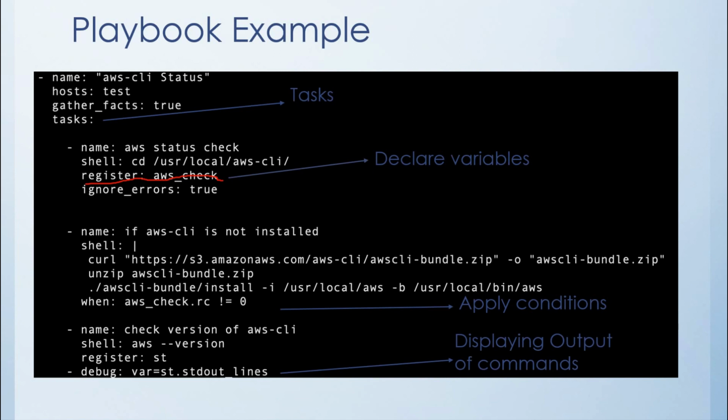After that, I will be checking the version in the third task, and I am going to register a variable st. What I am going to do is use a debug module in which I am saying I want all the standard output lines stored.